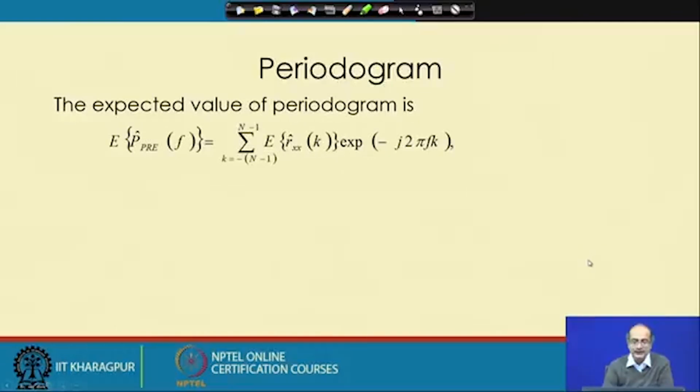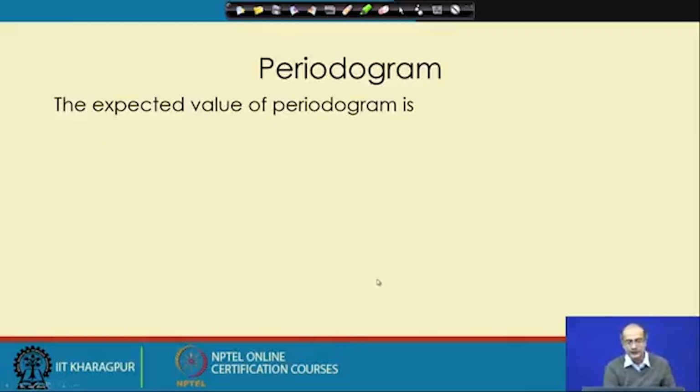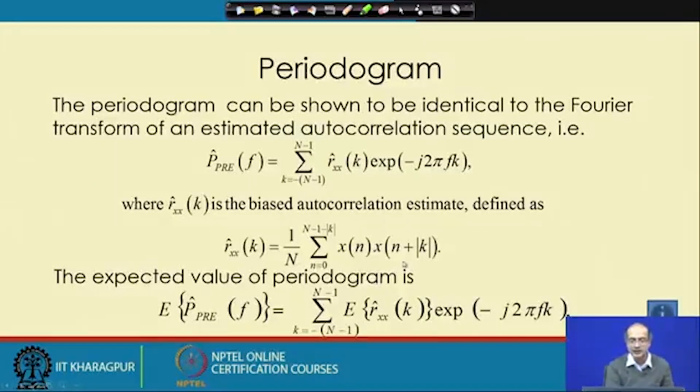As we take the expectation, we can replace this one with the real value. In fact, we are making use of this expression of the autocorrelation estimate, and if we take the expectation of it, within this summation, this term will give us the real autocorrelation function.